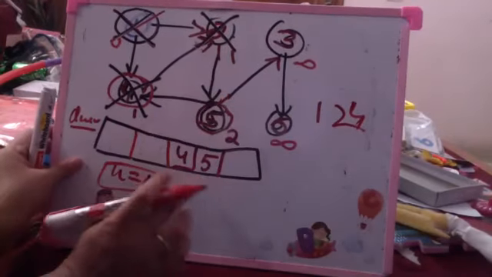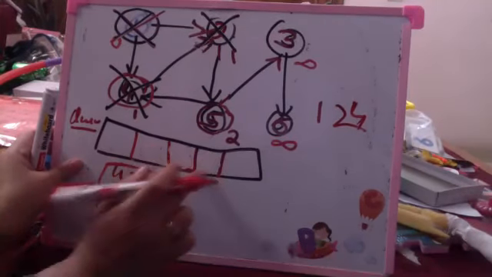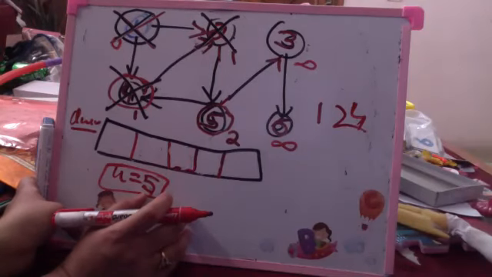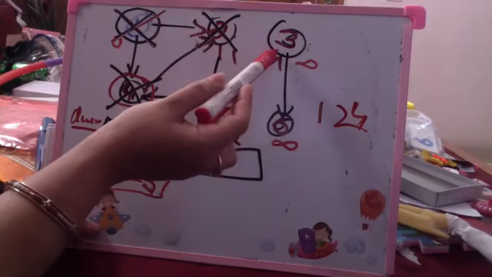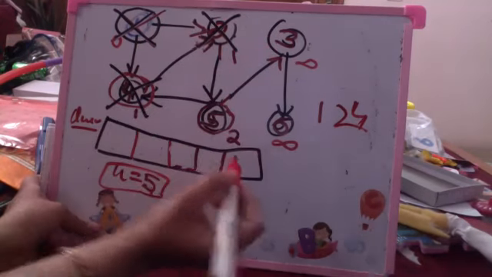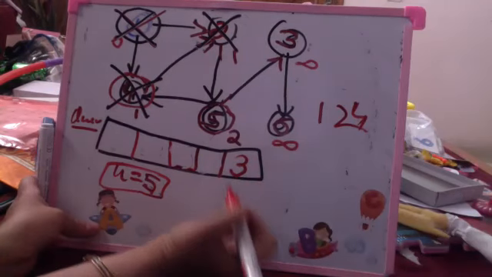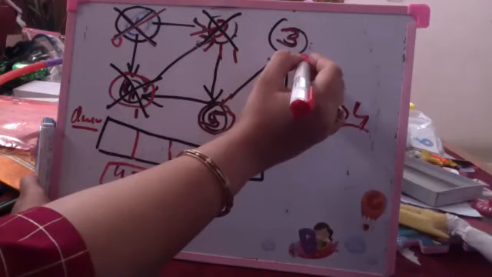After this, I come to the node 5. I remove the node 5 also from the queue. U becomes 5. I check for all the nodes adjacent to 5 which are the white ones. Which is the white one? 3 is the white node which is adjacent to 5. I insert this in the queue. Recalculate the distance of 3 by du plus 1.